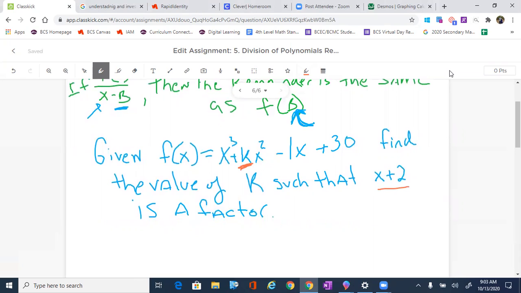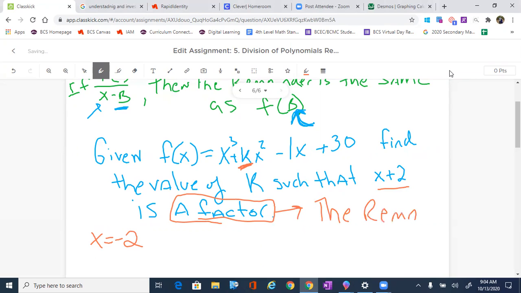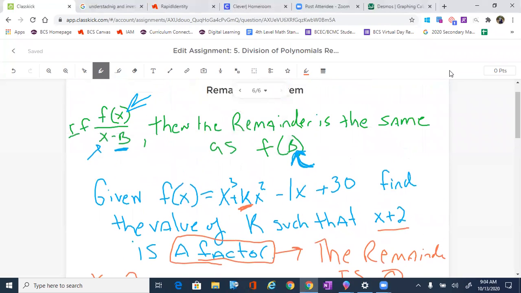Well, the remainder theorem just simply says if it's a factor, so x plus 2, we need to check when x is equal to -2. The other thing we also know is if it's a factor, the remainder is 0. Okay, so let's write that down. Remainder is 0. And the remainder is what we get if we plug the opposite into the original equation.